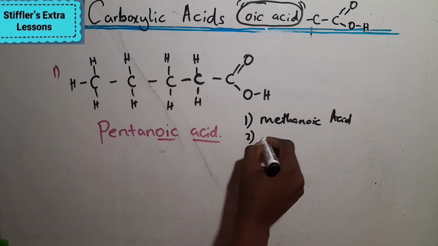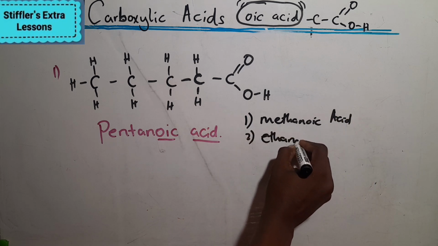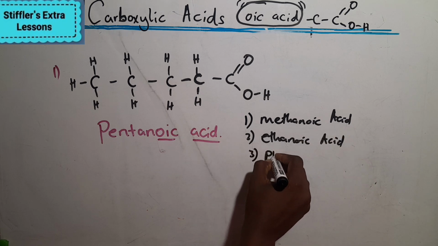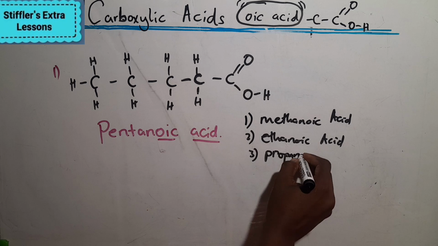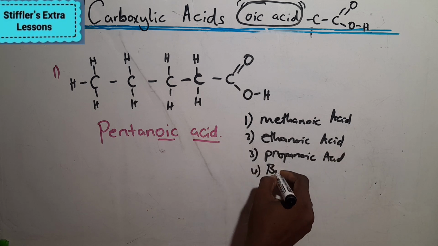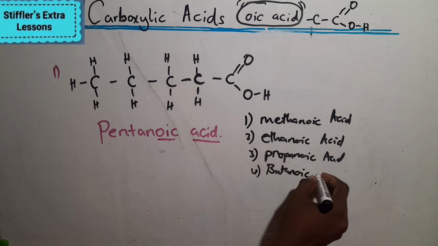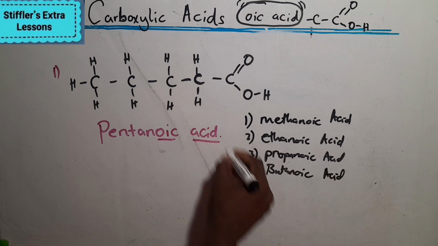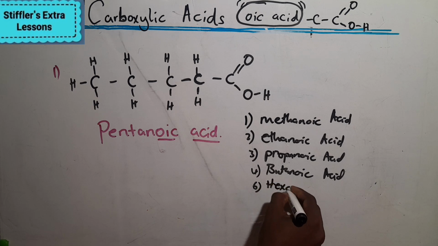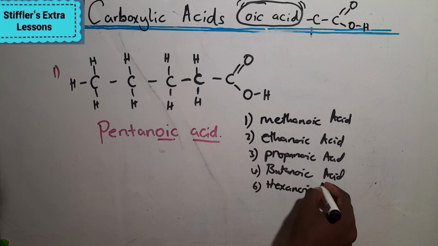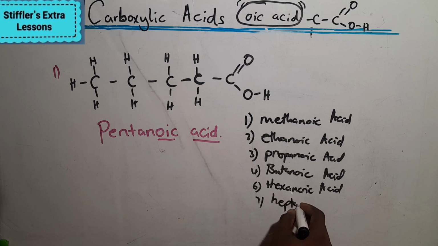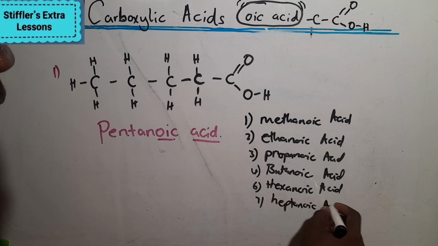If there are two, that's ethanoic acid. 3, that's propanoic acid. 4, that's butanoic acid. 5, it is this. 6, that's hexanoic acid. 7, heptanoic acid.